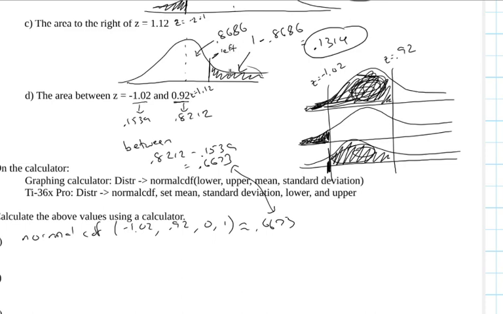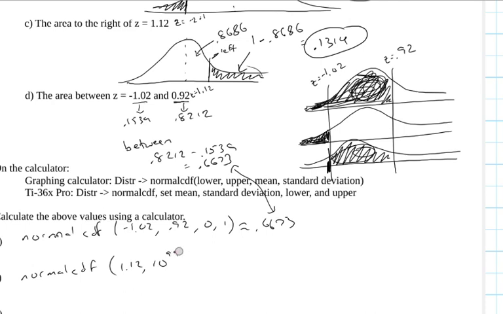If you're using the TI-36X Pro, you'll enter that as your lower bound. My lower bound is 1.12. My upper bound is infinity, so I'll do 10 to the 99th, or 1e99, which is another way to write 10 to the 99th.